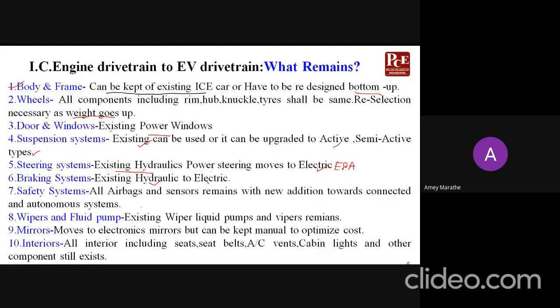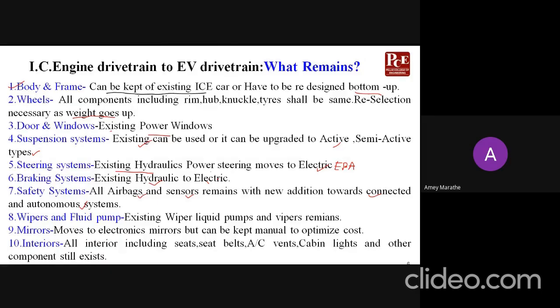Safety systems. All the airbags and sensors will remain, with new additions towards connected and autonomous vehicles, because EV is the first step towards this connected and autonomous world.